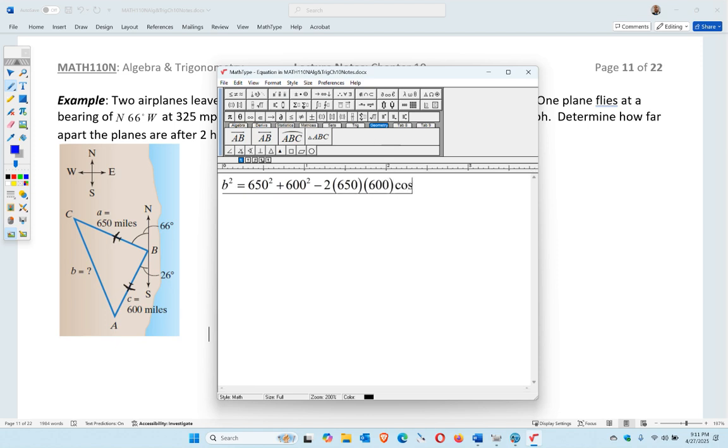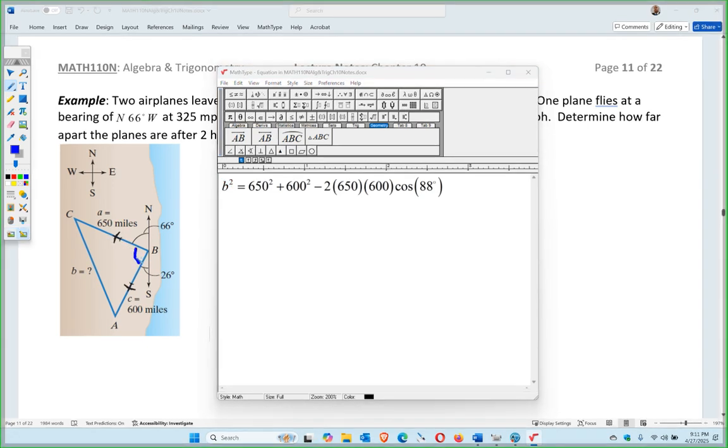And then the cosine of 88 degrees, which was the angle we found between them. And that's not interchangeable. This angle goes with this side, right? So this angle goes with that side. That's basically what it has to be.